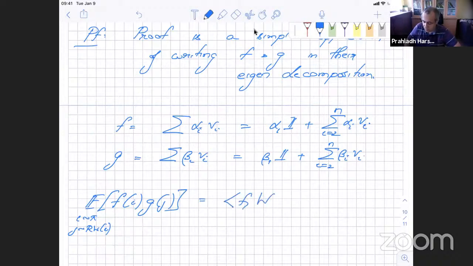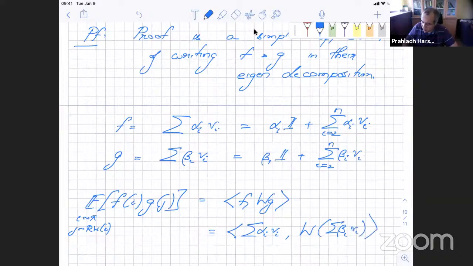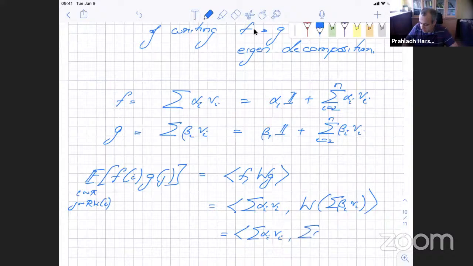If you write it in the eigendecomposition, it is the inner product between the summation of alpha i v_i and W times the summation of beta i v_i, which is the inner product between the summation of alpha i v_i and the summation of omega i beta i v_i.